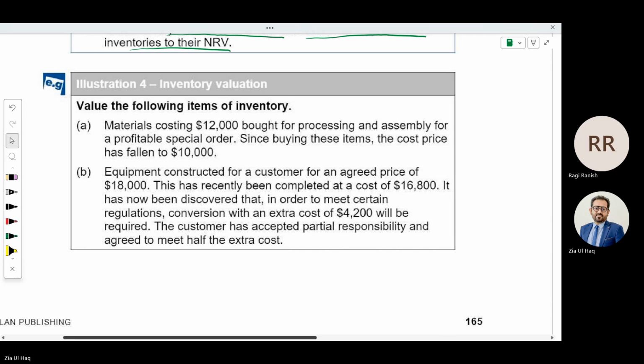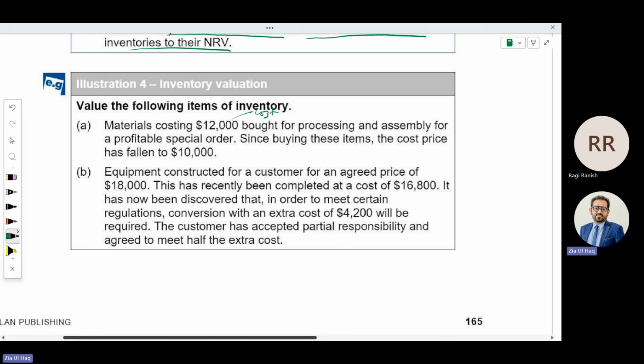Part A. Material costing 12,000 bought for processing and assembly for a profitable special order. So this is the cost. Since buying these items, the cost price has fallen to 10,000.